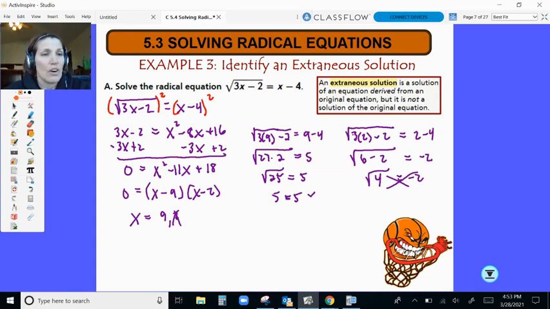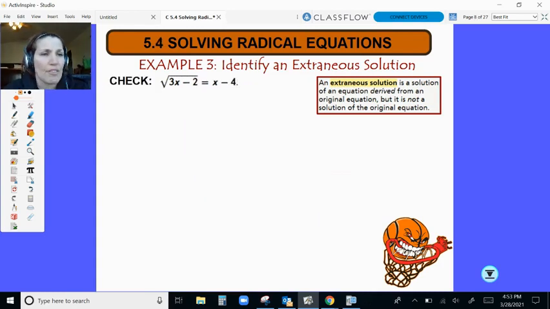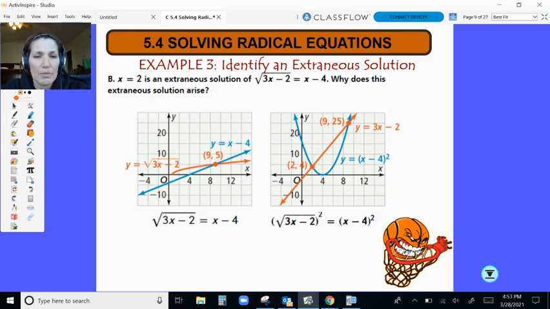Okay? So now, if we take a look at this graph, that was my checking one. This is my original graph. So this is my y equals x minus 4, this blue graph. This orange graph is the graph of the square root of 3x minus 2. It's kind of a half of a parabola. When we square both sides, this is what happens to my graph. My blue graph becomes y equals x minus 4 squared, so that actually becomes a parabola.